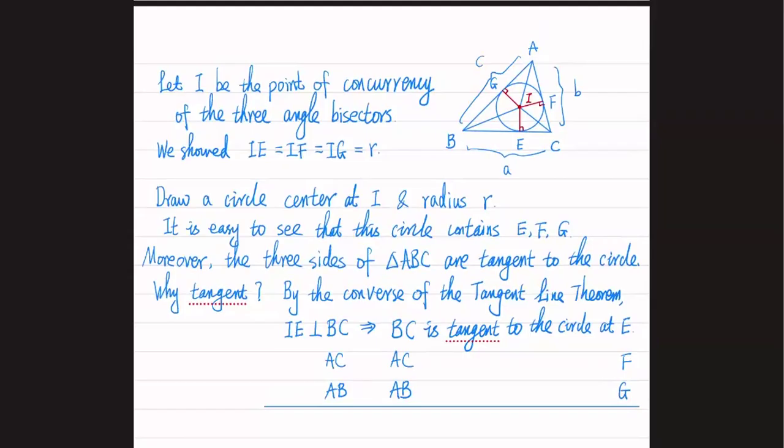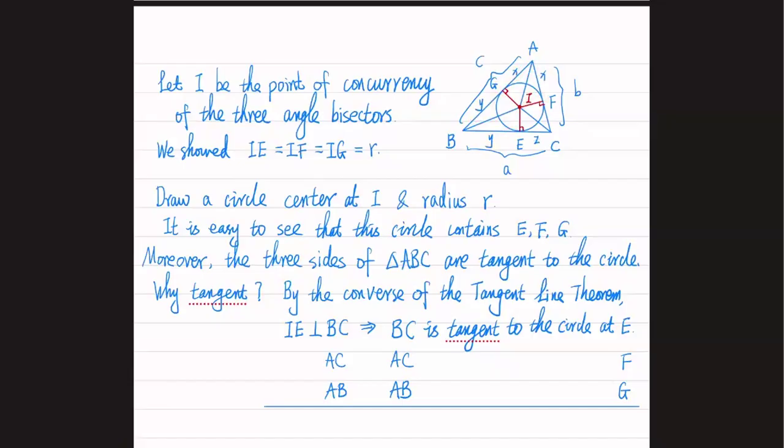To find the length, I will call this x, because we showed that these two triangles are congruent. So this is x, and this is also x. These two sides have the same length because the triangles are congruent. I'm going to label this x, label this y, label this z.